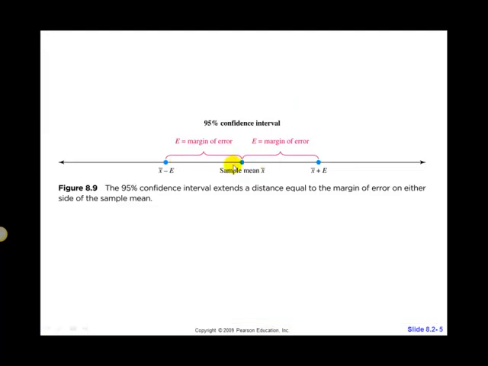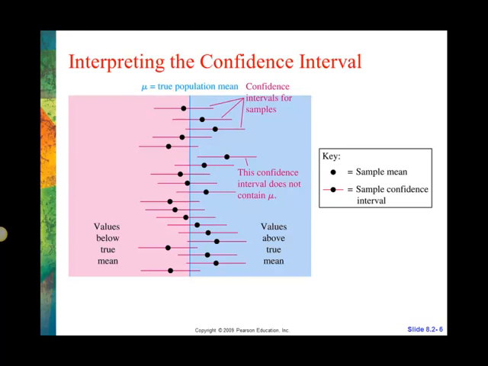So on a graph it would look like this. We calculate our sample mean, and then our margin of error less and our margin of error more, and we have these two numbers and say that we're 95% sure that the population mean is between these two values. If we take a lot of these, in this case we've taken 20 of them, and we're 95% confident, then one of those will not contain the population mean, which is this blue line coming down the center.